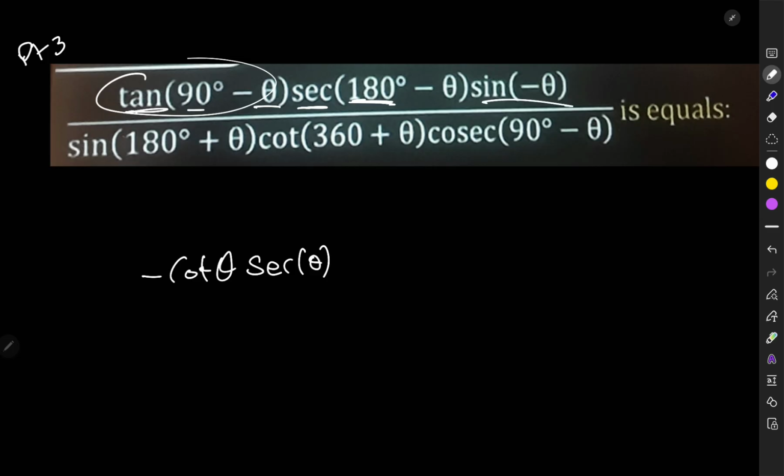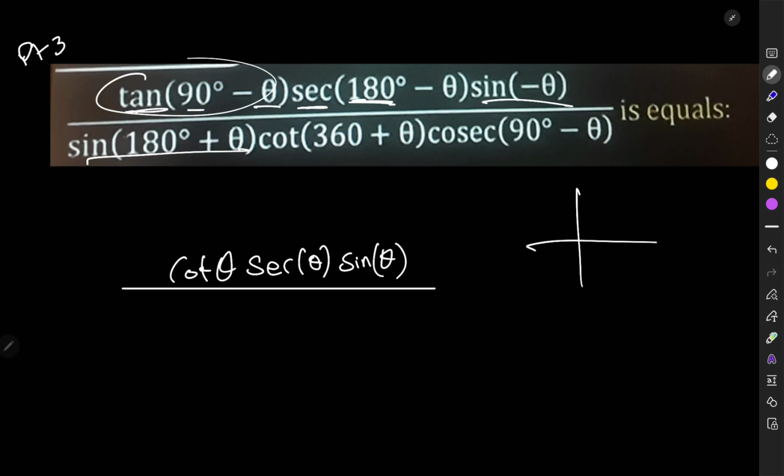And sine of minus theta is basically minus sine theta, right? Minus will come outside, so it will get cancelled. Similarly, sine 180 plus theta is in the third quadrant, where tan will be positive and sine will be negative, so minus sine theta. What about cot 360 plus theta?